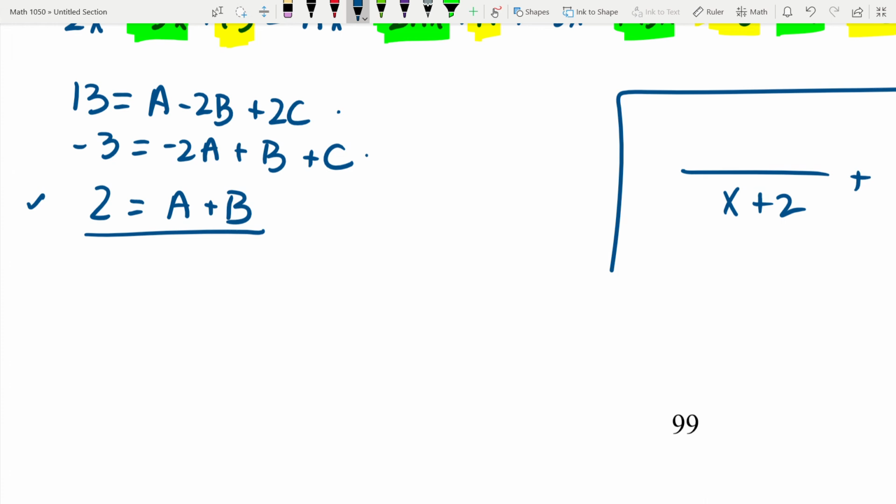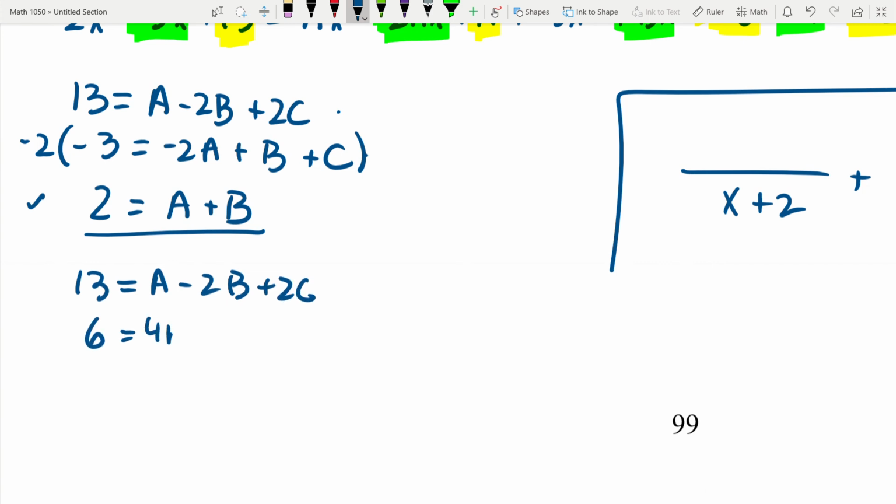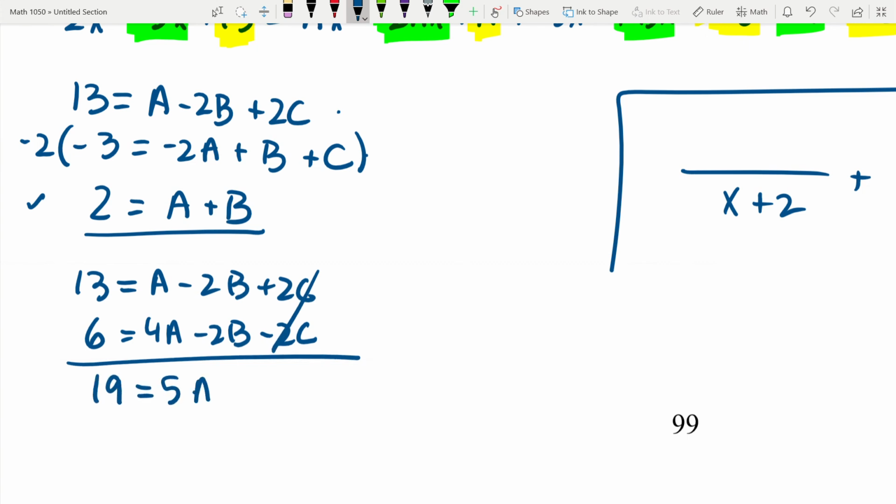So it's like the problem's already been started for me. Okay? So I'm going to take this guy and distribute a negative 2. Bless you. So when I do that, the top equation is 13 = a − 2b + 2c. Distribute the negative 2, and I get 6 = 4a − 2b − 2c. C's go away. And I have 19 = 5a − 4b.